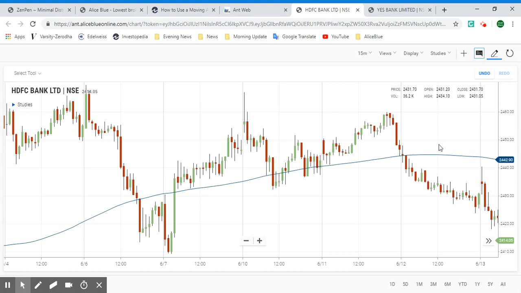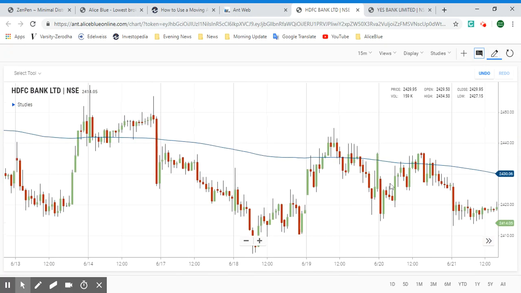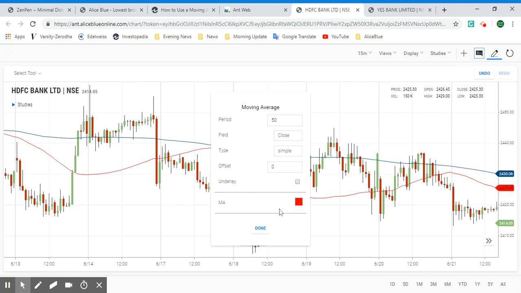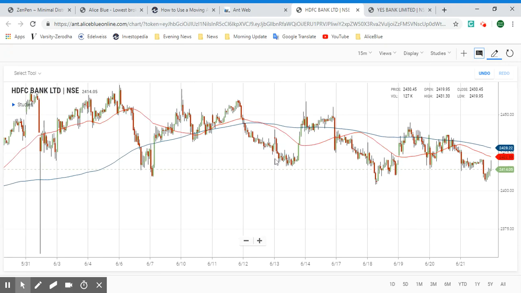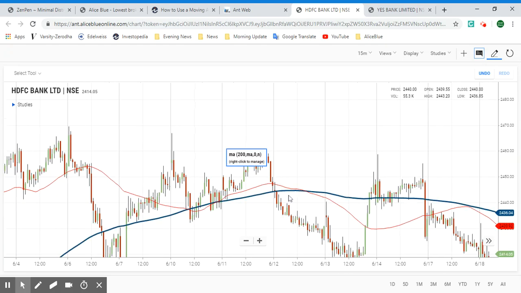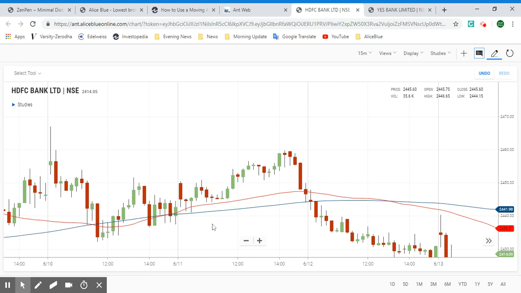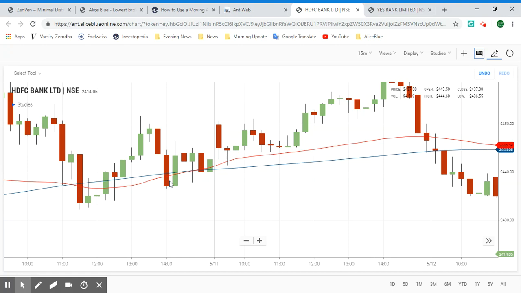So what we have here is the 200-day moving average. Let's apply a 50-day moving average on top of this. So when it crosses here, as we can see, the red line indicates the 50-day moving average, and the blue line is the longer look back period, that is the 200-day moving average.